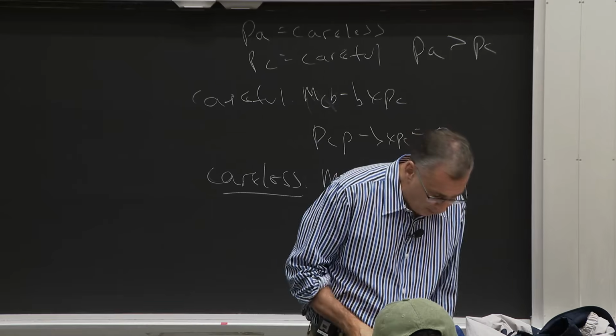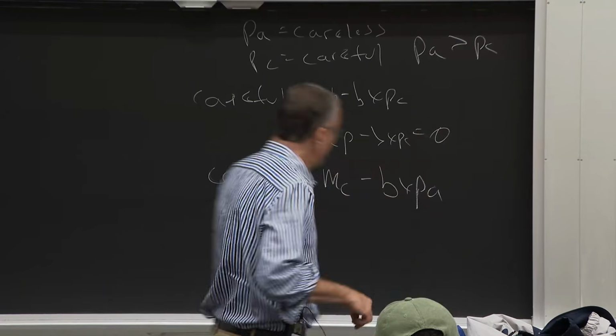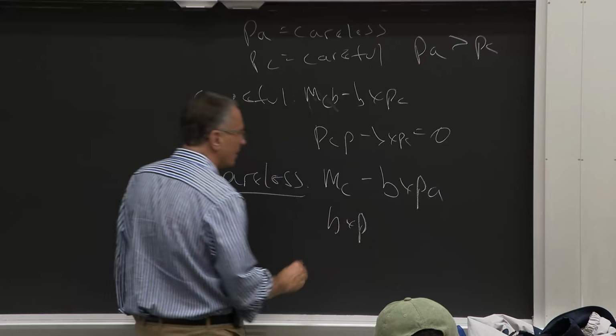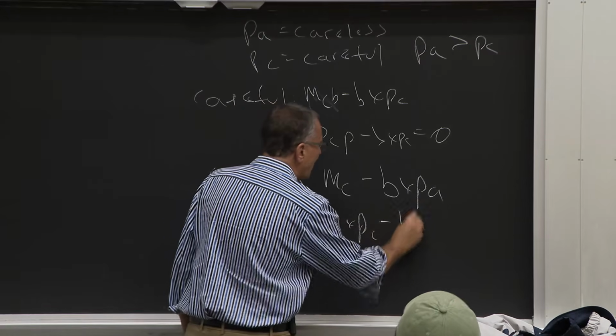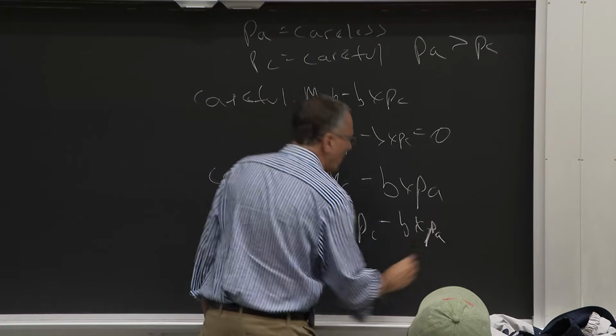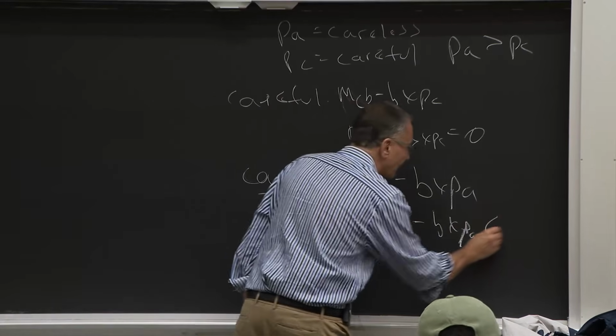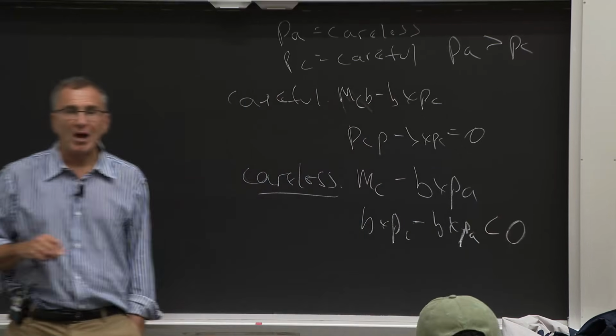Which we can rewrite as B times PC minus B times PA. And we know PA is greater than PC, so we know this is less than 0. So profits fall.